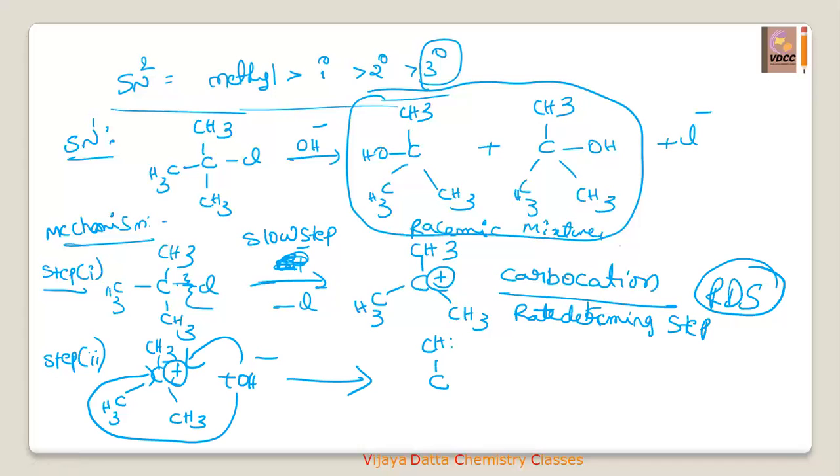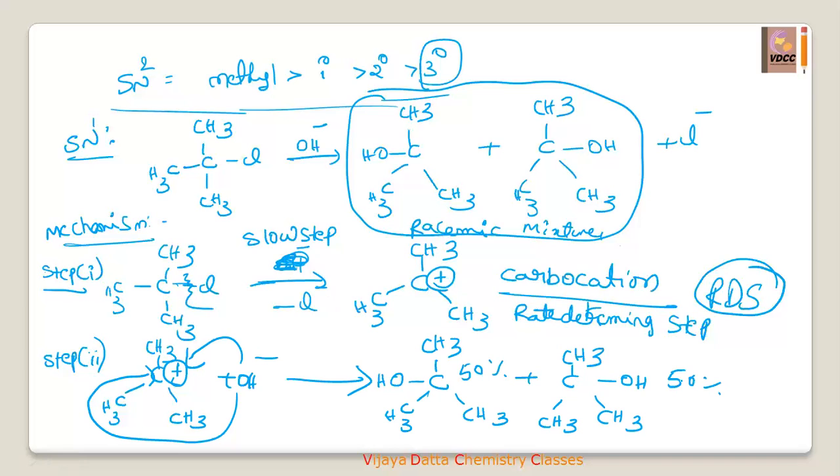So (CH3)3C-OH if it attacks from the back side, plus (CH3)3C-OH if it attacks from the front side. This will be the product. It is a 50% possibility each. This is called a racemic mixture.